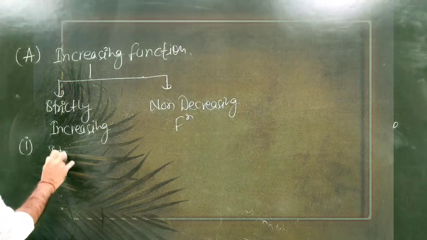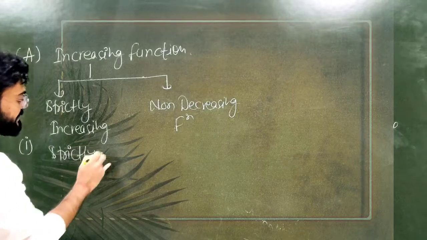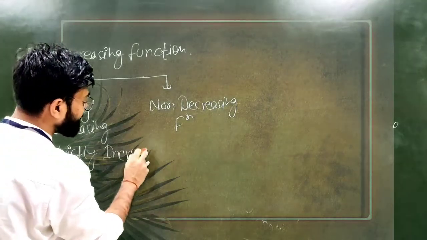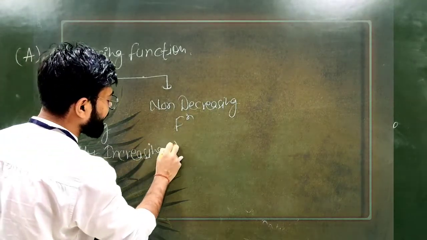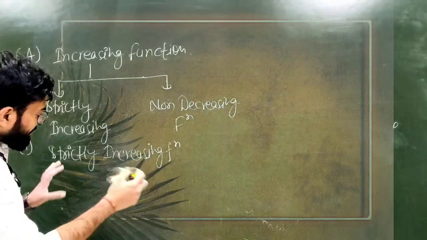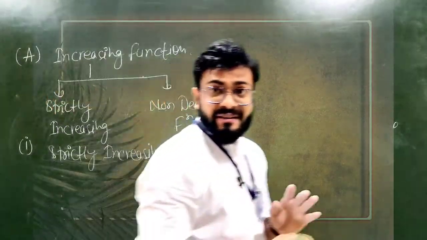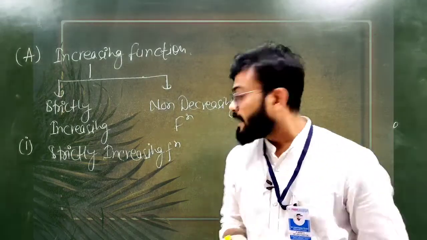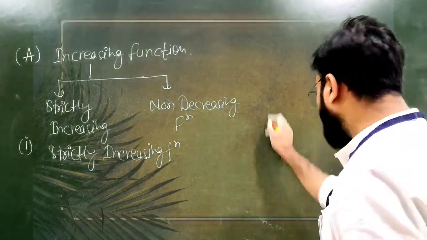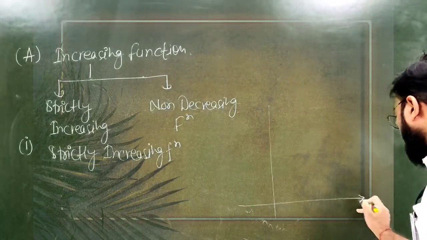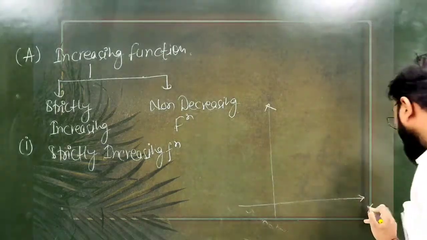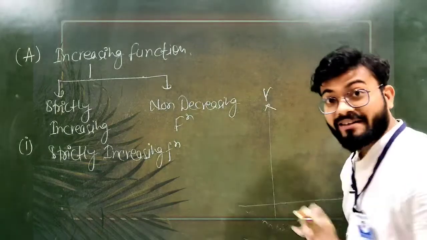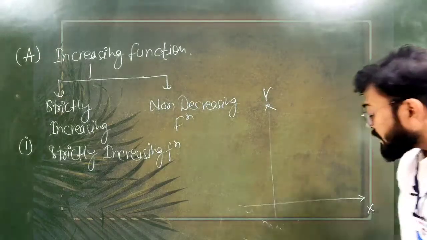To understand this strictly increasing function, let's draw a graph of any function. For that, let's draw our axes. This is our x-axis and this is our y-axis.